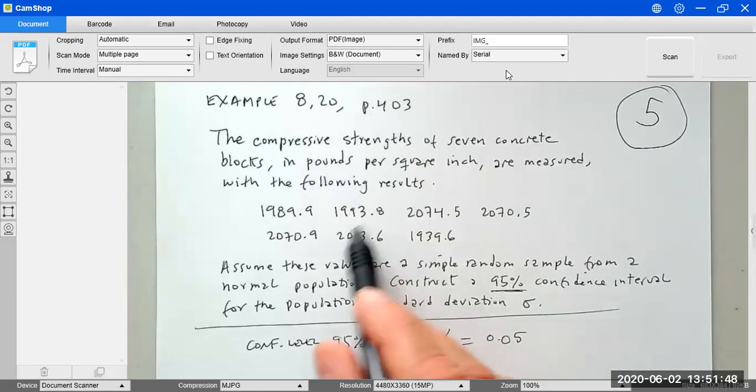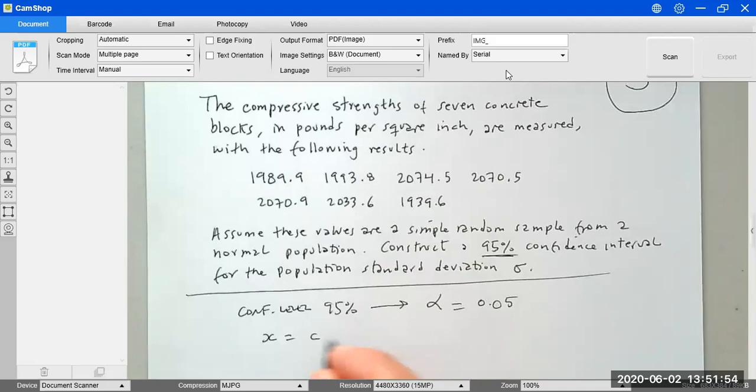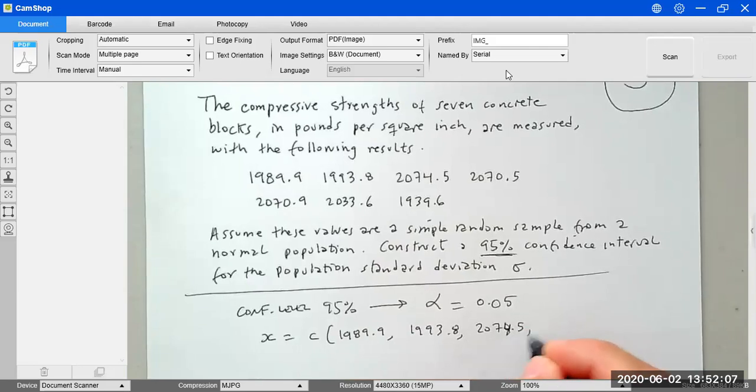Then I need the variance. It is not given, so I need to compute the variance. So I'm going to enter the data set, these values, into R. In that way, I'm going to be able to find the corresponding variance for the data set.